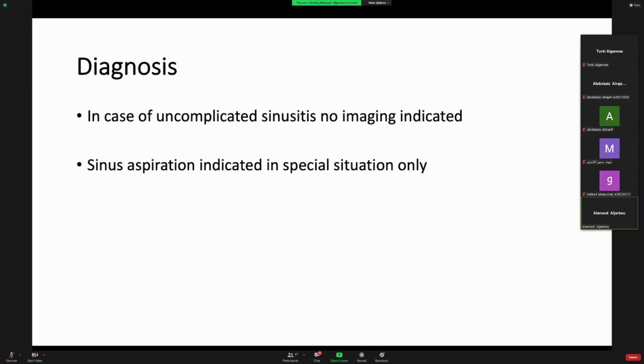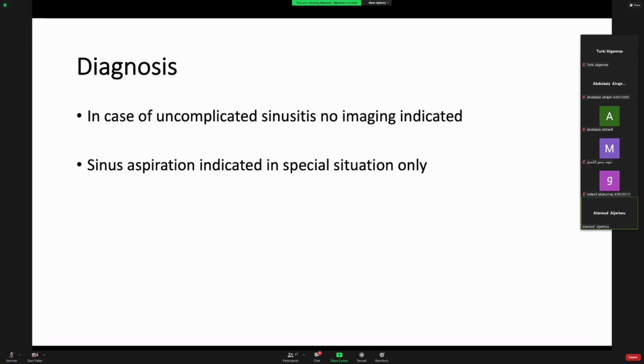So patients with a common cold will have the same imaging appearance of sinusitis. So we would over-diagnose sinusitis in patients with a common cold and over-prescribe antibiotics. So that's why we don't do imaging in acute bacterial sinusitis.